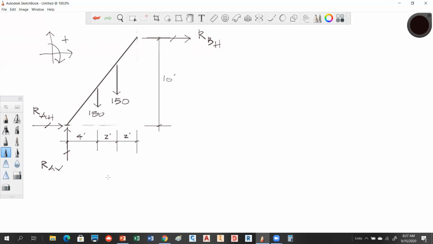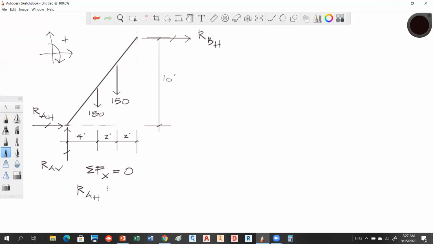So I'm going to start out with sum of forces in X. I'm going to put it down here. Hopefully you guys can see this okay. Sum of forces in X have to equal 0. So in the X direction, what do we have? Our AH, everybody agree with that? And we've indicated that it's going to the right, correct?